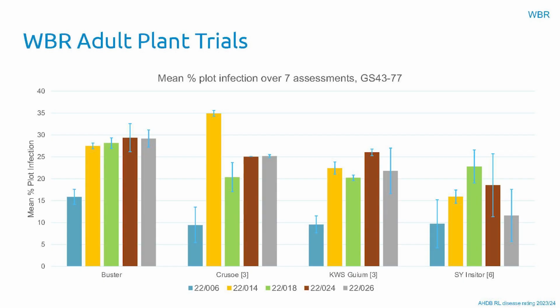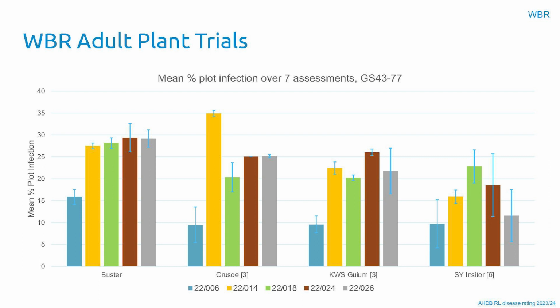So it was selected, but we hadn't tested it as an individual isolate at adult plant stage. But as you'll see, it's been a good choice as a RL-VL isolate, as I'll explain in a minute. We also selected 22026 from Mayflower, and that one was selected because it was the most common pathotype in 2022.